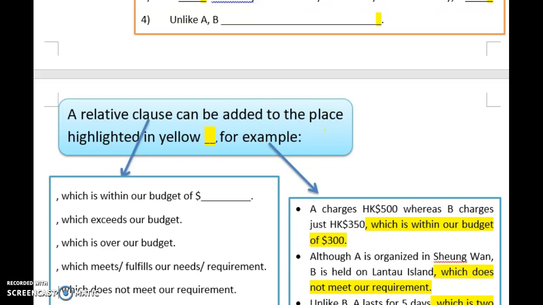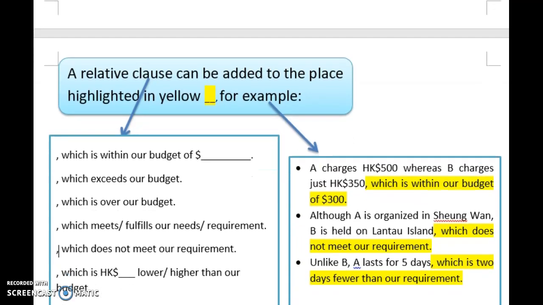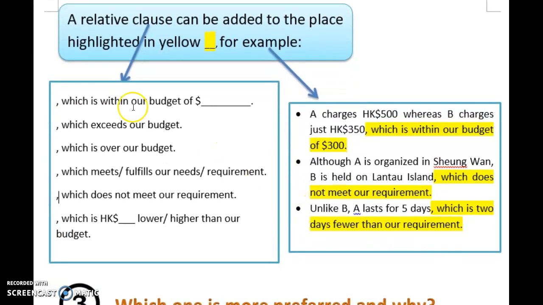So first of all, let's look at the relative clause, which is within our budget of, which exceeds our budget, which is over our budget. Pay attention to over. Over is not a verb. So that's why you need to put a verb is here. Quite a number of students say which over the budget.